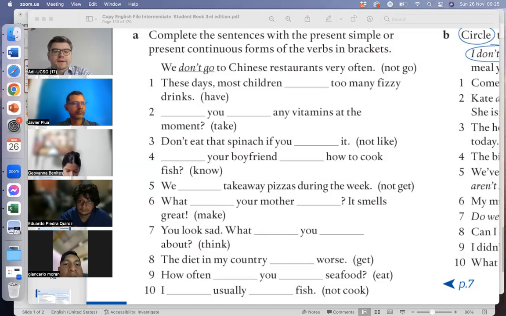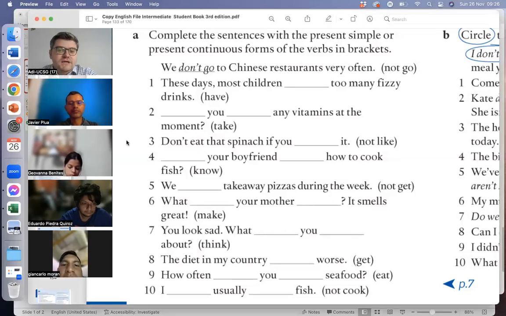Okay, let's go ahead. Eduardo, number 1. Read the sentence, the word that you included, and then try to justify why you picked one tense and not the other. What rule did you apply? I put in number 1: These days, most children are having too many fizzy drinks.